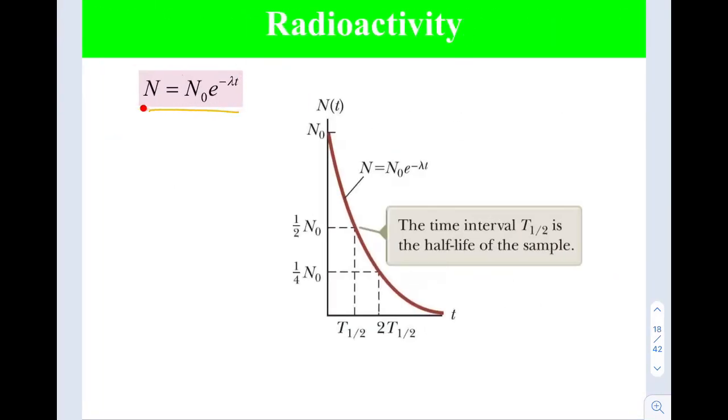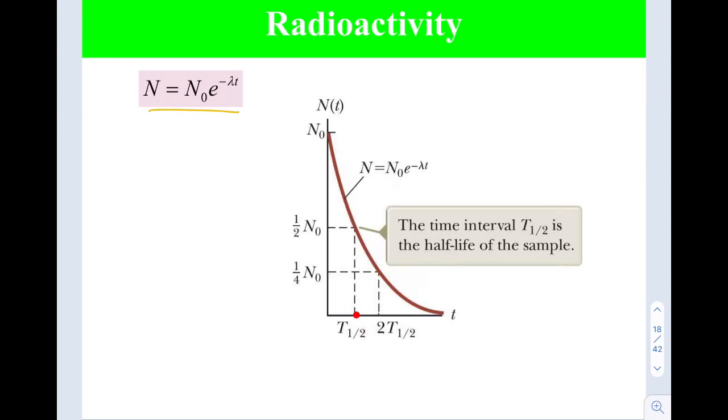From this equation, as I mentioned just now, if we plot the graph of this function, we will have this kind of exponential pattern. So the time taken for N, the number of nuclei as a function of t, to go from the original number N naught to half of N naught is known as the half-life, T half.